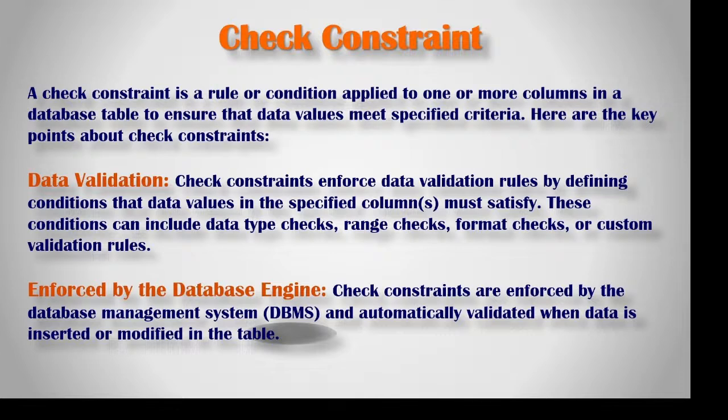These conditions can include data type checks, range checks, format checks, or custom validation rules enforced by the database engine. Check constraints are enforced by the database management system, DBMS, and automatically validated when data is inserted or modified in the table.